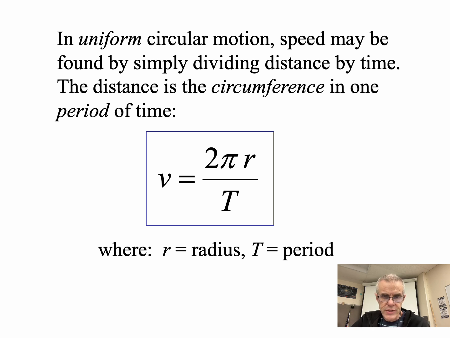So we can use this handy little formula for finding speed when an object is moving in circular motion. This would give us the speed for a constant speed. If you had a changing speed in a circular path, which would be possible, this would at least be an average value of speed, just distance per time. So hopefully it's pretty obvious where that comes from.